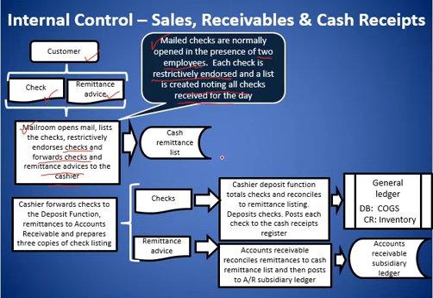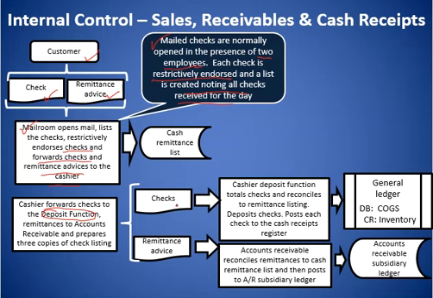The cashier then forwards the checks to basically an organization, typically somebody in Treasury, that is going to create a deposit. And so the cashier forwards the checks to the deposit function, and the remittances go on to accounts receivable, and basically the cashiers are going to prepare 3 copies of our check listing.